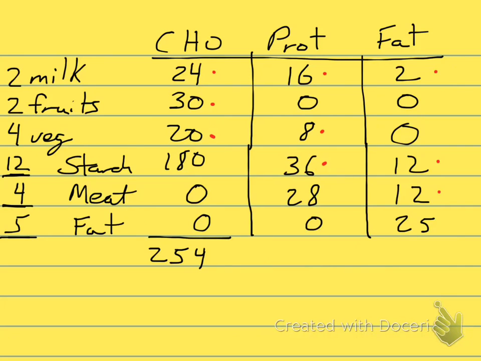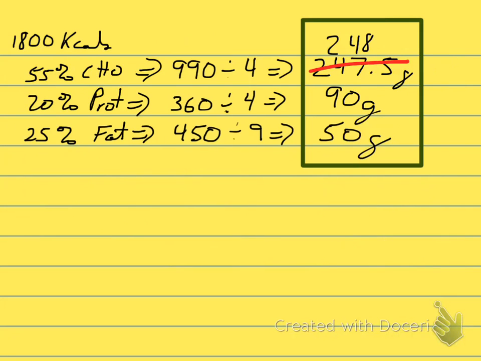Do the same thing with my protein, add all those up, and I get 88 grams of protein. And do the same thing with my fat exchanges, and I add all those guys up together, and I end up with 51 grams of fat. So if you look at that and compare it with what our targets were, we're pretty darn close. Okay?